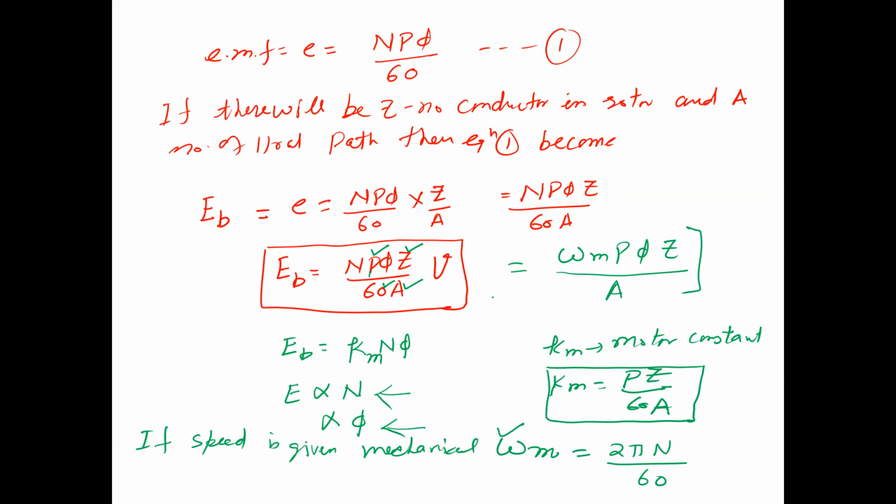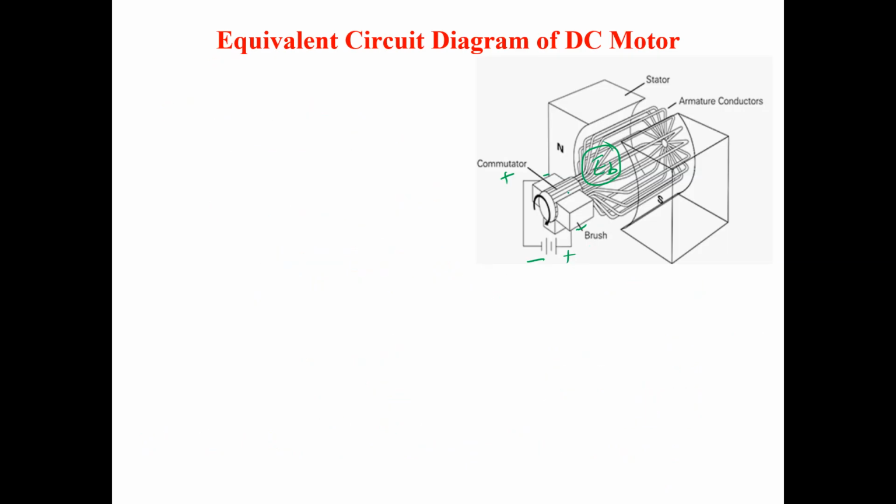And this back EMF further depends upon two parameters, N and phi. N is the rotation with which our armature moves, and these are the field magnets, which are excited by another pair of terminals, Z and double Z, and these are terminals A and double A, from which we give the supply.